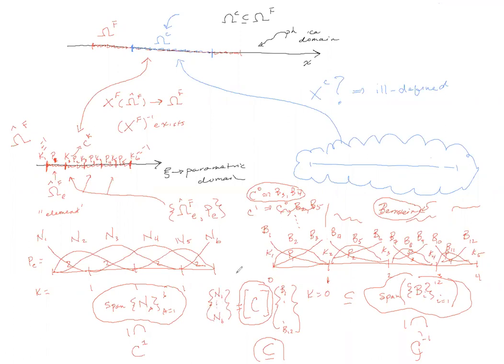We call this operator C. The rows of the matrix take linear combinations of the Bernstein polynomials to generate your smooth functions over here. This is called an extraction operator.